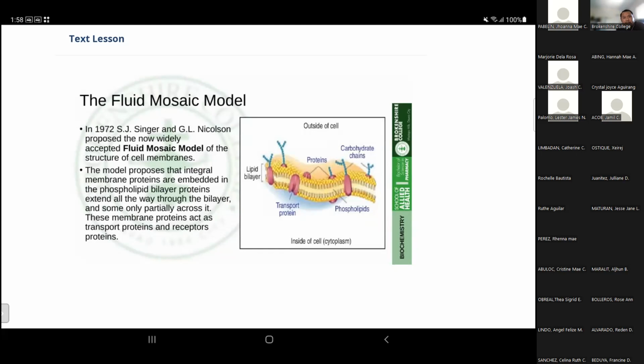And this is the current model that even up to date is used when we are describing the movement, the function, and action of our cell membrane. The model proposes that integral membrane proteins are embedded in the phospholipid bilayer.